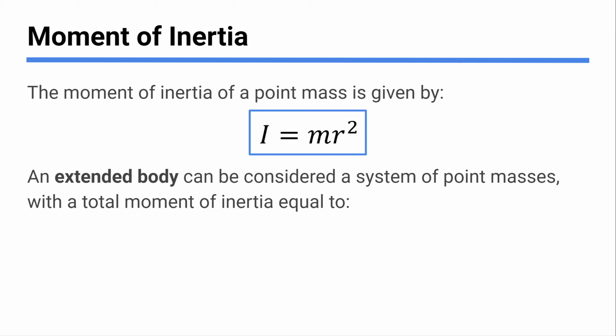But the idea is, if I have a door with a hinge here, I could take every single little atom piece of the door and say, there's a mass right here. The moment of inertia of that one little piece of mass, with this R, would be m times R squared. Then there's another one here, and I could find its moment of inertia with the mass here times this distance squared. And there's another piece here, mr squared. And I could add them all up and see what I get.